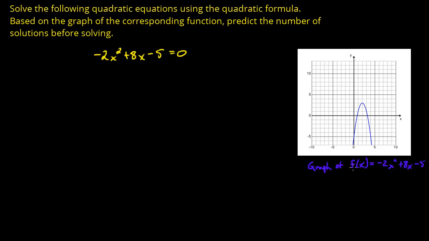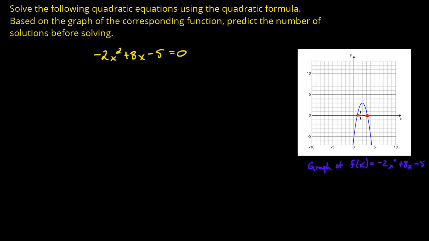And then we've got the graph of its corresponding function f of x is equal to negative 2x squared plus 8x minus 5. If I let f of x be equal to 0 and solve for x, that's going to give me 2 points on this graph where the y value is equal to 0, these 2 points right here.